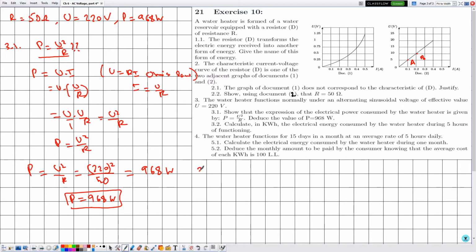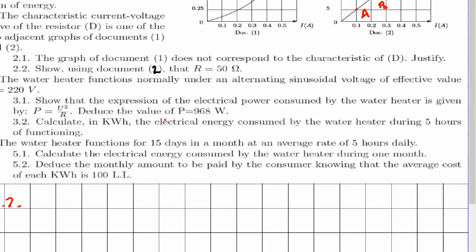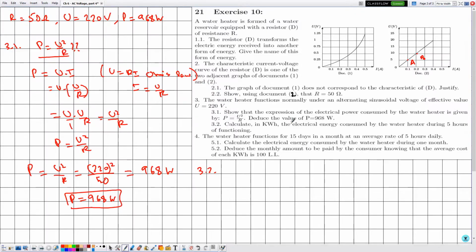Now in 3.2, they are telling me calculate in kilowatt hour the electric energy consumed by the water heater during 5 hours of functioning. The moment they mention kilowatt hour or kilowatt, it means that you are interested in determining the electric bill, which consists of several steps. Let me write step number 1, which consists of converting P to kilowatts.